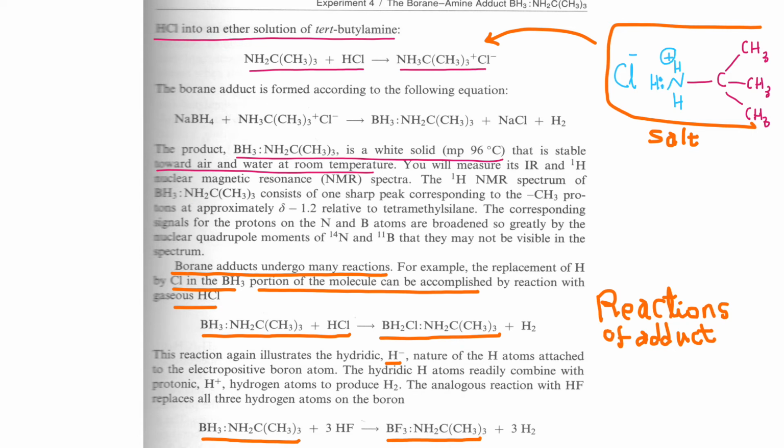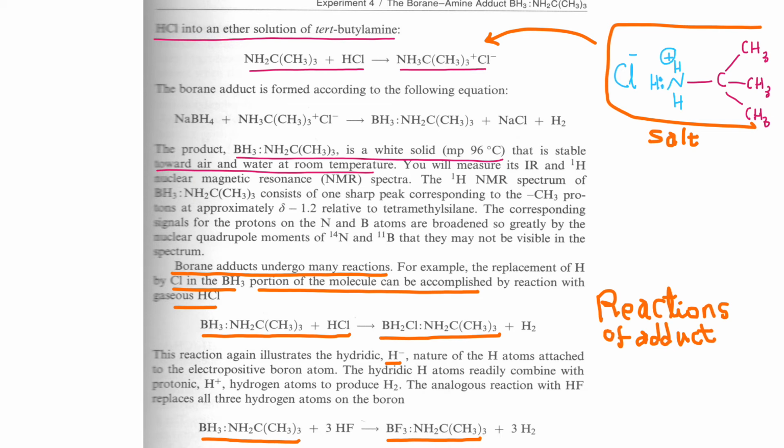This salt is formed by the tertiary butyl ammonium on one side, positive, and the chloride on the other side. And we're going to use this salt to prepare our adduct. When we mix the tertiary butyl ammonium with NaBH4, as you see in the equation here, you form the adduct plus NaCl, and hydrogen will be liberated.